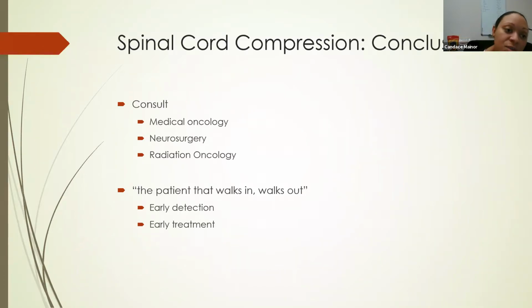And for patients who have cord compression, it's important to start high-dose steroids, to consult neurosurgery and radiation oncology for the primary treatment. And of course, always consult medical oncology to help with the decision-making process, particularly if the patient has no known diagnosis of cancer and this is their presenting symptom.